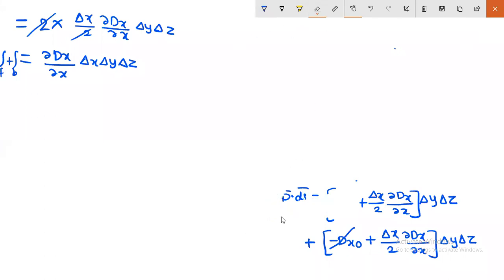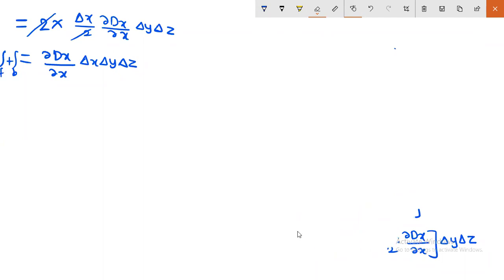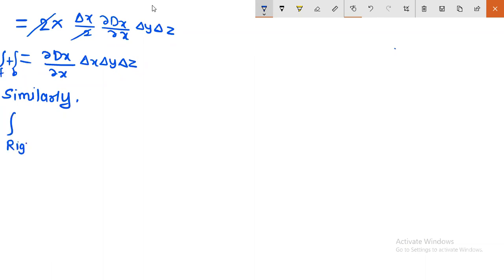Now similarly, we can write these equations for the top and bottom and left and right side. So here the integration for the right of D dot dS plus left of D dot dS is equal to, now just check that diagram.